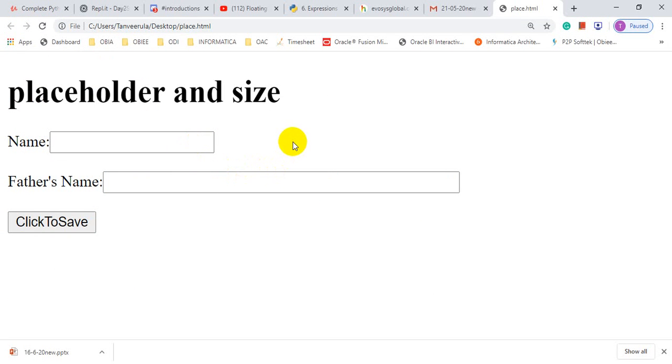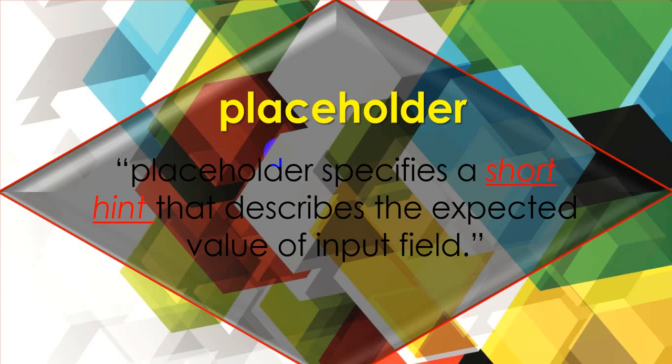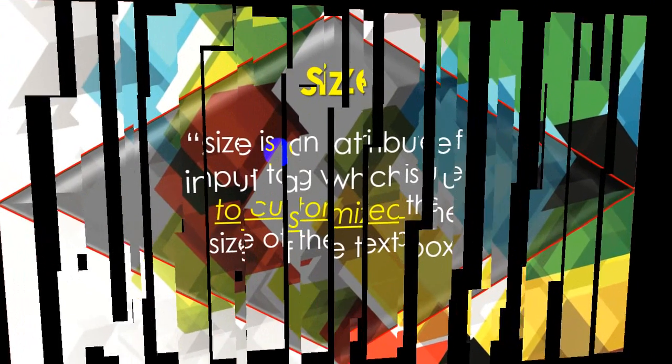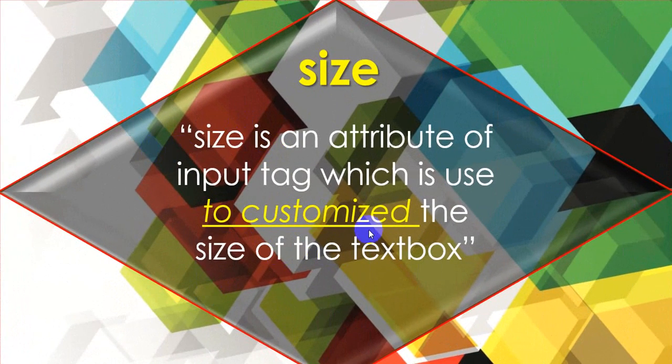So now you get a clear picture of what the use of the size attribute is. The size attribute is used to reduce or increase the size of the text box. Why am I saying reduce or increase? In the definition, if you remember, it is used to customize the size of the text box.